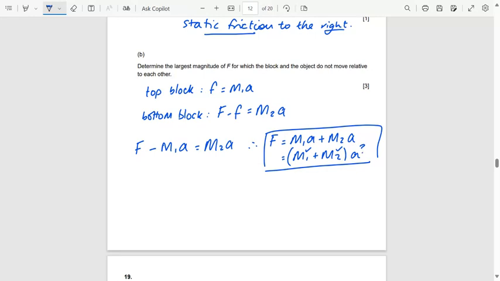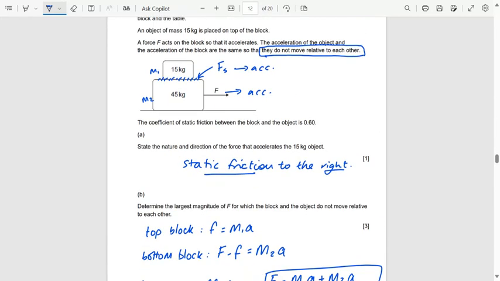So the maximum acceleration will occur at the point where the static friction is maximum. So if we look at our friction diagram, it goes something like this.